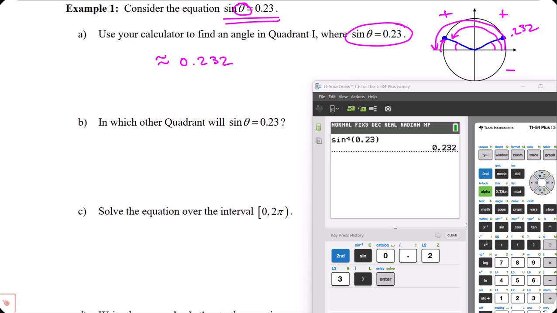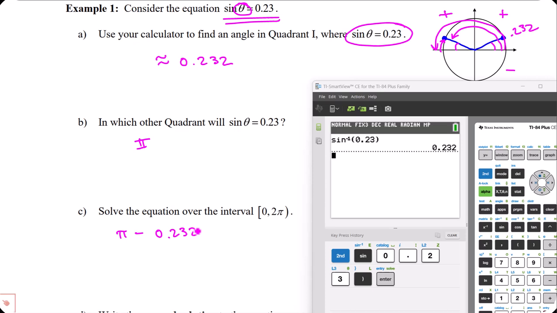Since I'm doing radians, it has to be pi. So the other angle is going to be in the second quadrant, and to solve that other angle, we're going to do pi minus 0.232.